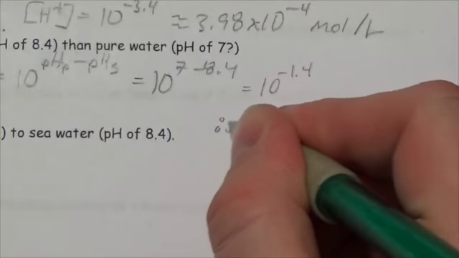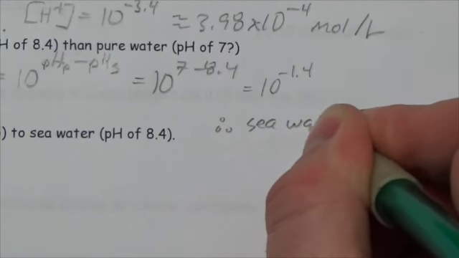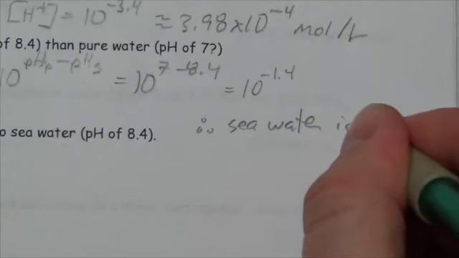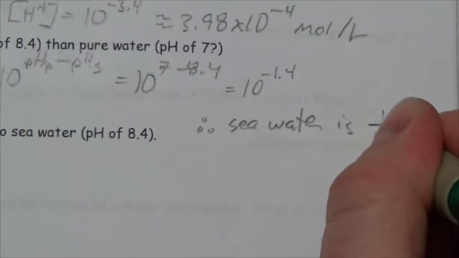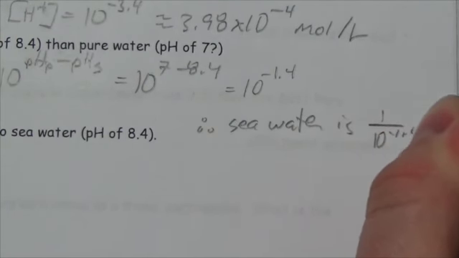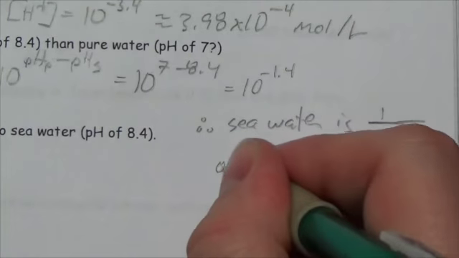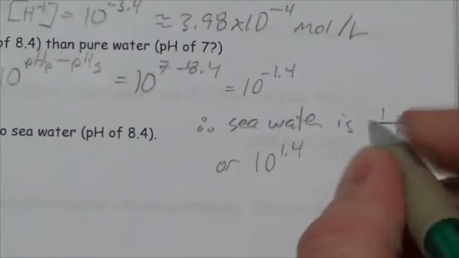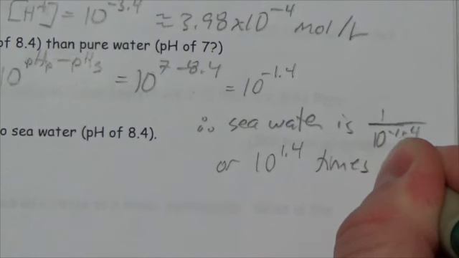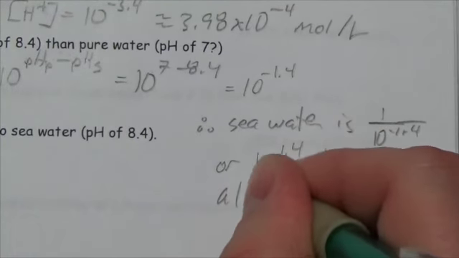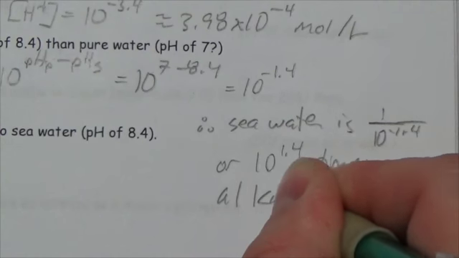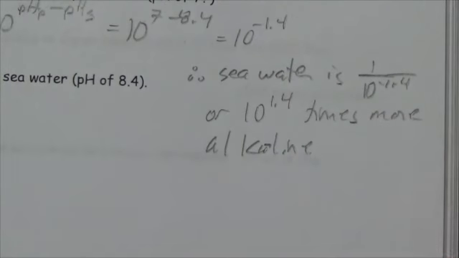So therefore, seawater is 1 over 10 to the negative 1.4, or simply 10 to the 1.4 times more alkaline. Now I'm running into my next question here, but anyway, more alkaline.